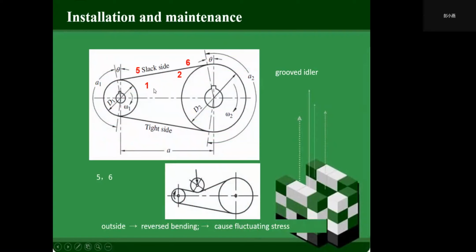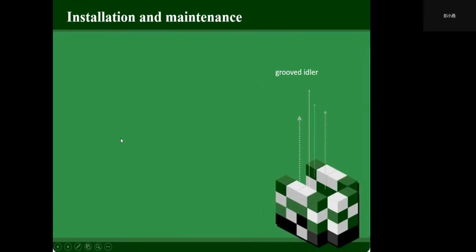So we should install the grooved idler on the inside of the slack side.